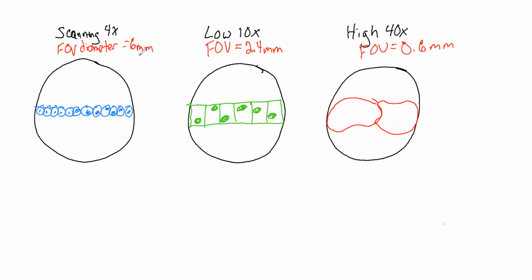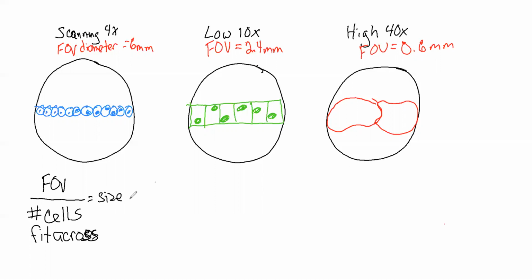So the basic equation is you take your field of view diameter and divide it by the number of cells that fit across that field of view. This gives you the approximate size of the cell.